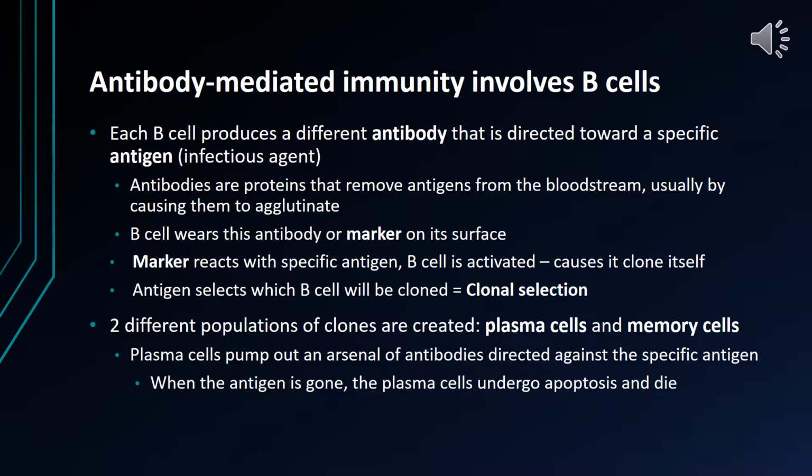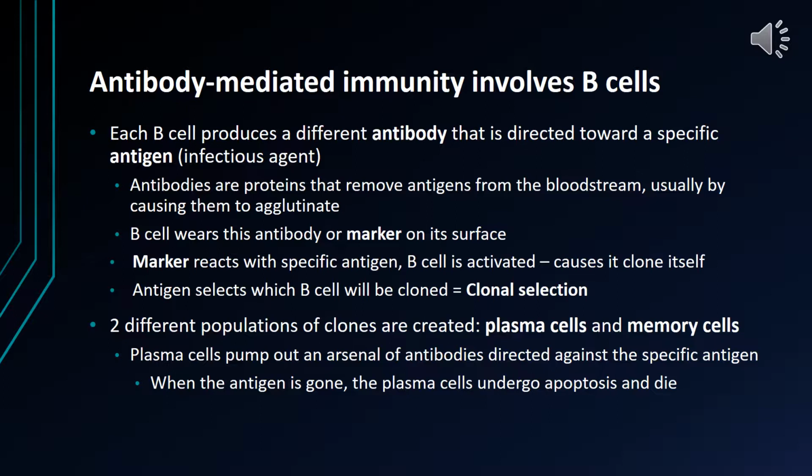The B cell wears this antibody or marker on its surface, and the marker reacts with the specific antigen, which activates the B cell, leading to it creating more copies of itself, or cloning itself. This process is called clonal selection because the antigen selects which specific B cell will be cloned.